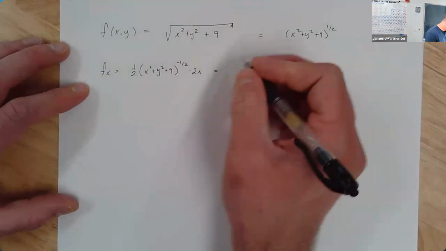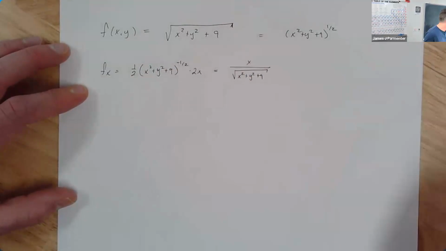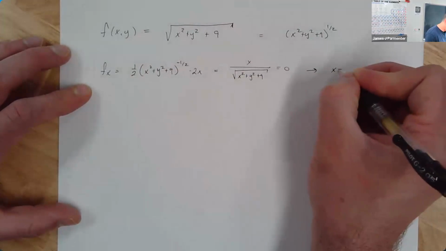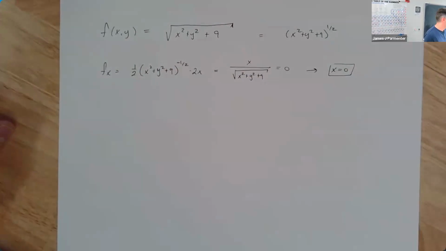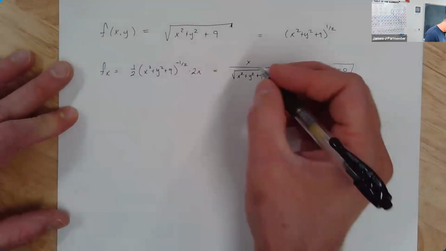I would rewrite this as x over the square root of x squared plus y squared plus 9. Setting that equal to 0, you're just going to get x equal to 0. The only way for a fraction to equal 0 is for the numerator to equal 0 and the denominator not to. Also, this denominator will never equal 0 in this example.